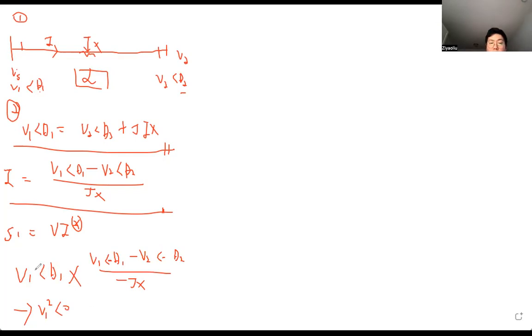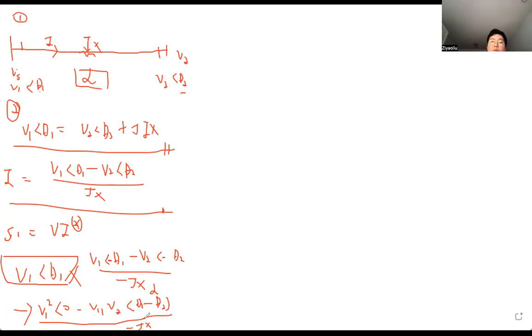Multiplying this also gives V1 V2 at angle theta 1 minus theta 2, which I will say equals delta here, and then over minus jX.